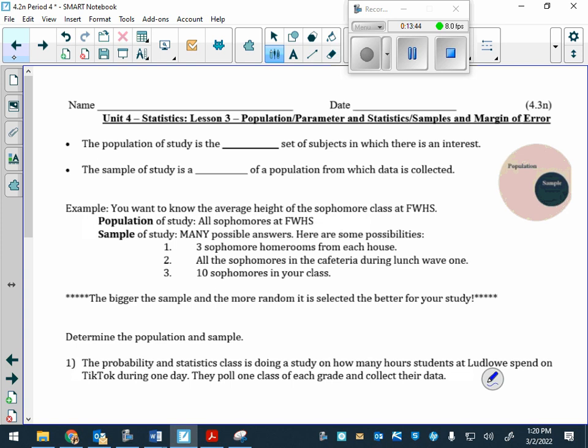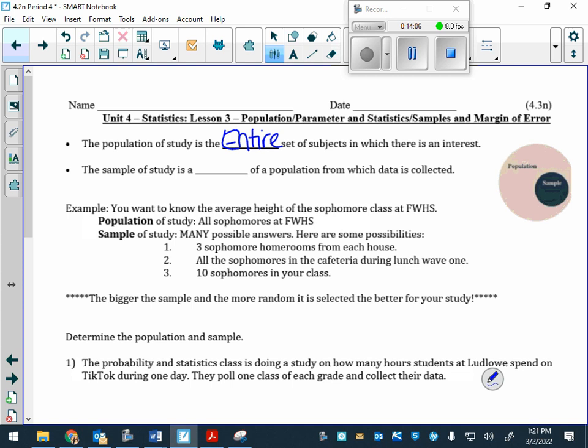You have the population, which is the entire set. So the population, let's say, is all Fairfield Ludlow students, okay? That is the population. The population can be all adults, all Americans, blah, blah, blah, okay?